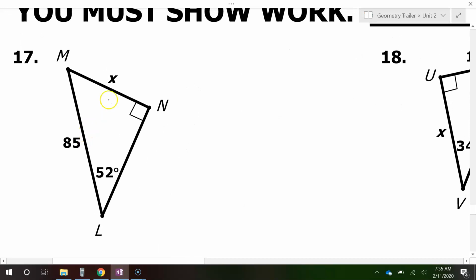Okay, so number 17 is definitely a SOHCAHTOA problem. All right, I see the angle that we're given here, and that's what we're going to wind up using. So, which side is the hypotenuse? We always start with that.